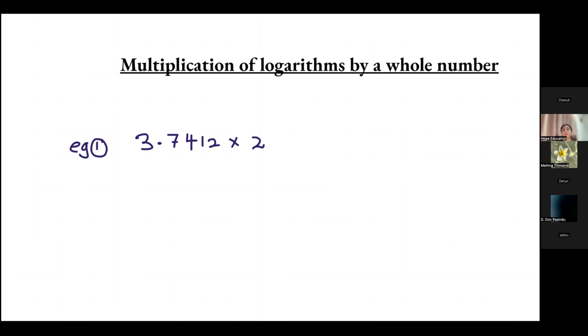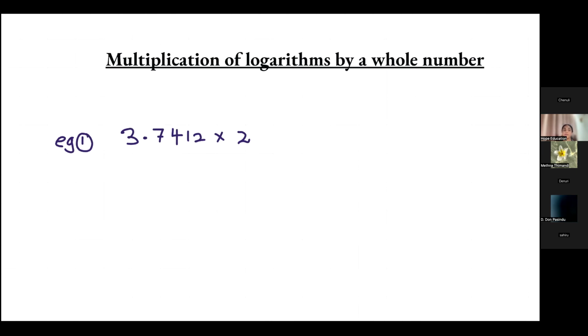Here, when you talk about multiplication, it's very basic, just like how you multiply a normal number. Let's just say it's a normal number, 3.7412. How you would multiply by 2 is like this. 3.7412, you multiply by 2. 2 times 2 is 4. 2 times 1 is 2. 2 times 4 is 8. 2 times 7 is 14, 1 remaining. 2 times 3 is 6 plus this 1 is 7.